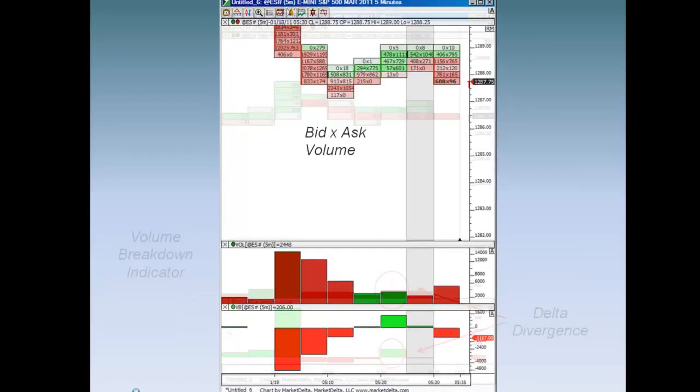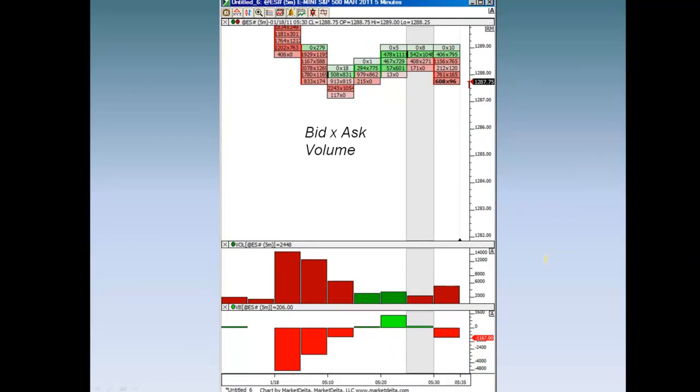All right. Another way that we can display and look at the footprint chart is the bid and ask volume. And in this case, what we wanted to highlight rather than the delta is the total volume at each price and highlight it with a color.